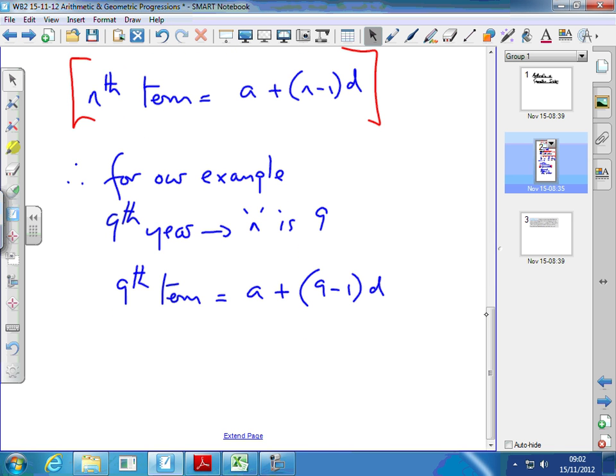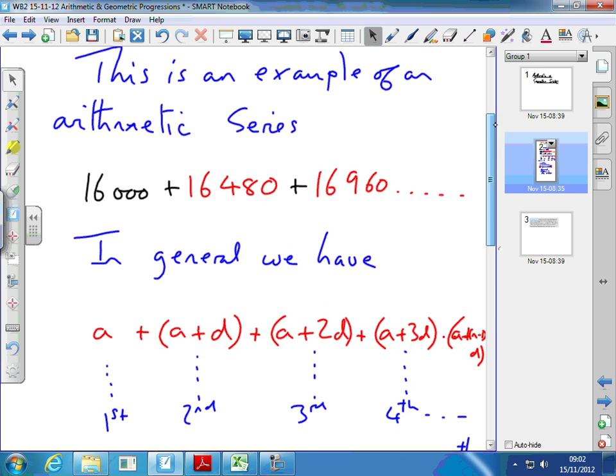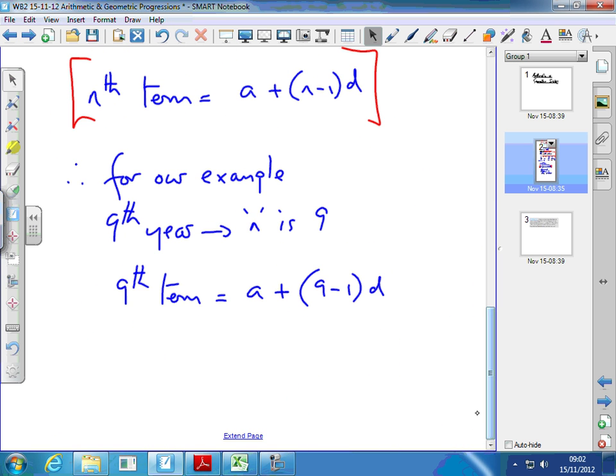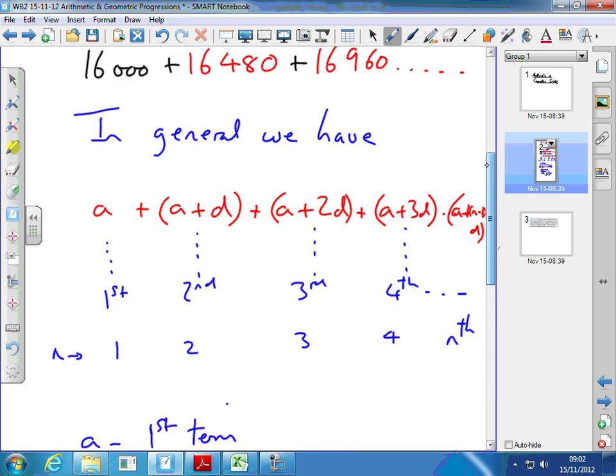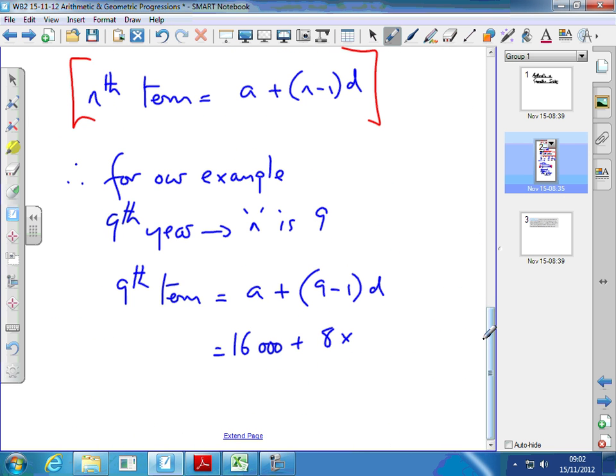What is A in our example? 16,000, right. So this equals 16,000, which is his commencing salary, plus 9 minus 1 is 8, times D, which is the increment, 480. And that sort of makes sense, doesn't it?